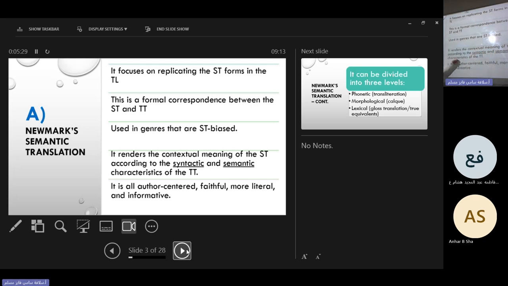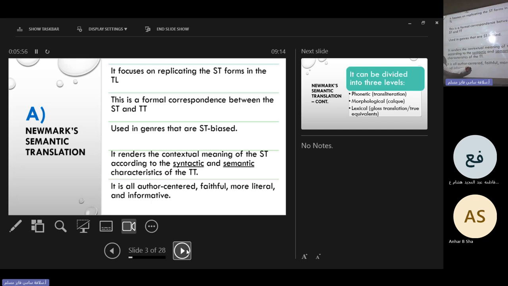Right, it focuses on the source text and prefers it to the target text, but it also changes its form a little bit to match the target text structure and semantics.